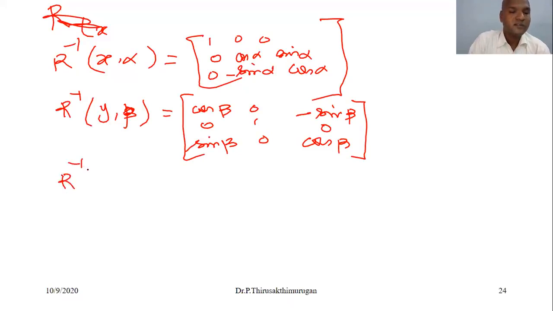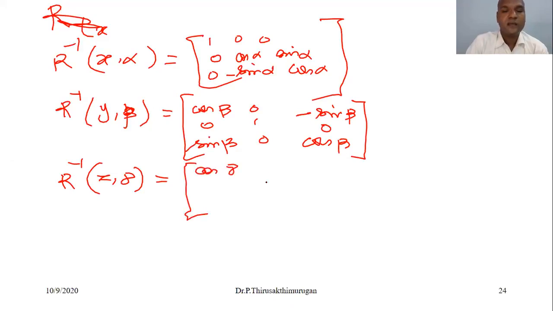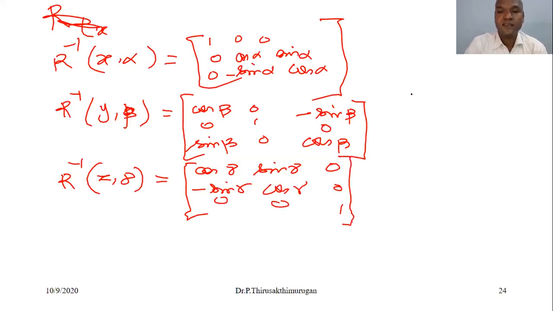Similarly, R inverse of z comma gamma is cos gamma sin gamma 0, minus sin gamma cos gamma 0, 0 0 1. So please remember the inverse matrices as well as the rotation matrices about the x-axis, y-axis and z-axis.